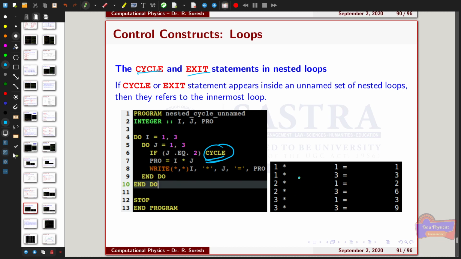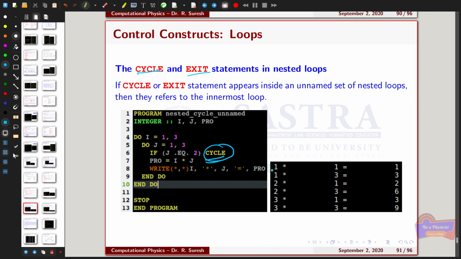If the inner loop counter j is equal to 2, then the cycle statement will be executed, which causes the remainder of the code block of the innermost do loop to be skipped. So whenever j is equal to 2, the further statements will be skipped, and the execution of the innermost loop will start over with j incremented by 1.